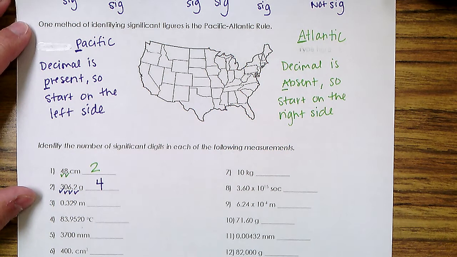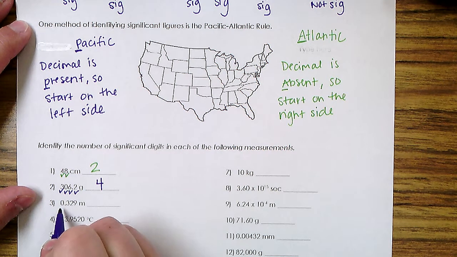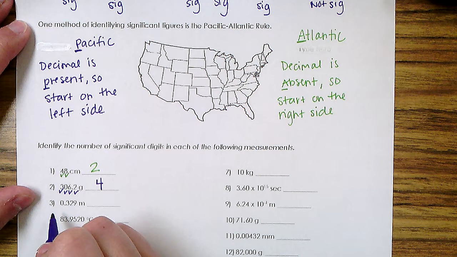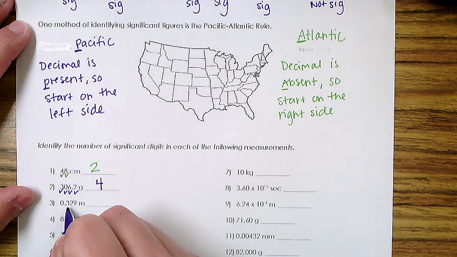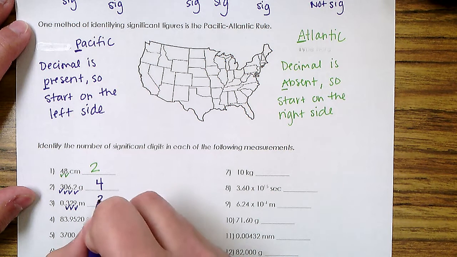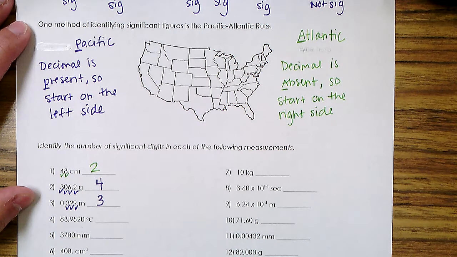Now looking at number 3, we have a decimal, so a decimal is present. So we're going to use our Pacific rule again. Remember, I have to come to my first non-zero number. A non-zero number is something that's 1 through 9. So 0 is not a non-zero number, so that one is not significant. 3 is a non-zero number, and remember, once I say yes, then the rest of them are significant. So we have 3 sig figs there.